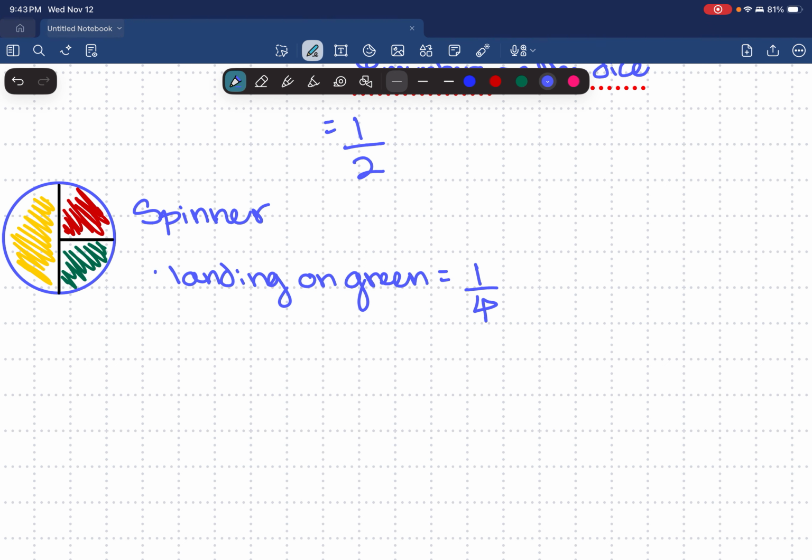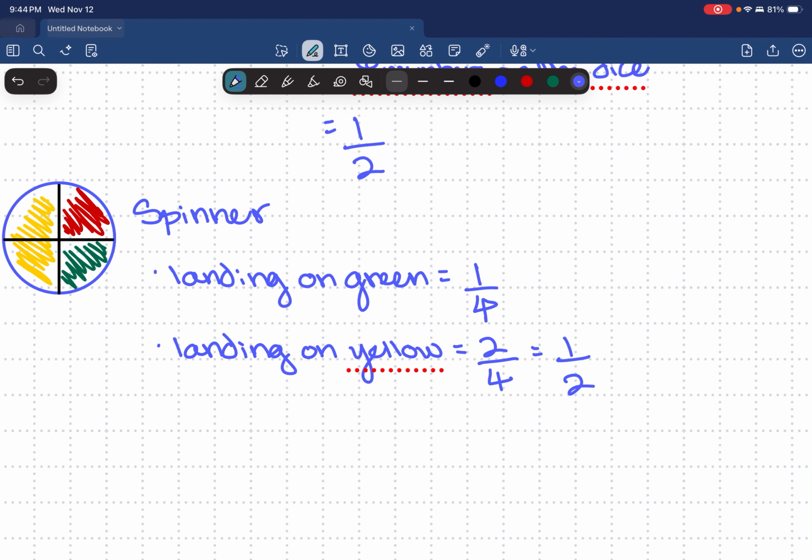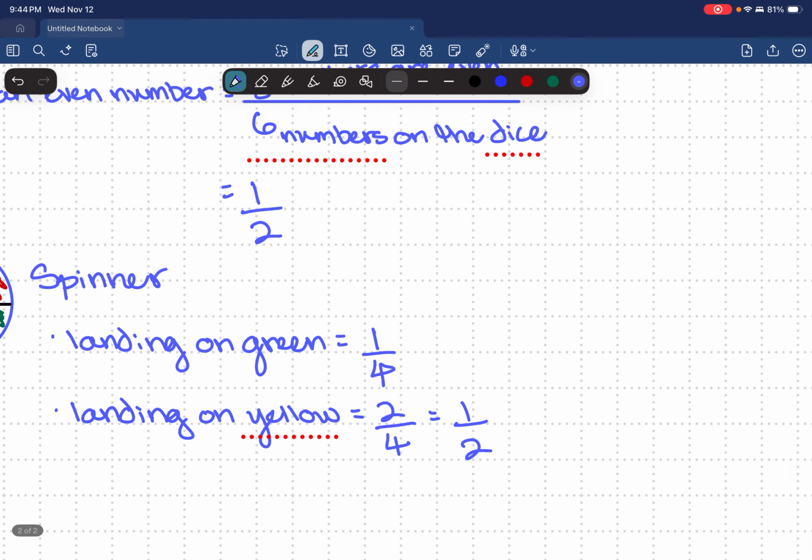I know there are 3 options, but you can also think of it as there are 2 pieces of yellow. But when I think about 2/4 of yellow, I still would say yellow is 1/2, right? So technically it's 2/4, but we want to put 1/2 because that's our simplified fraction. All right, so that is theoretical.